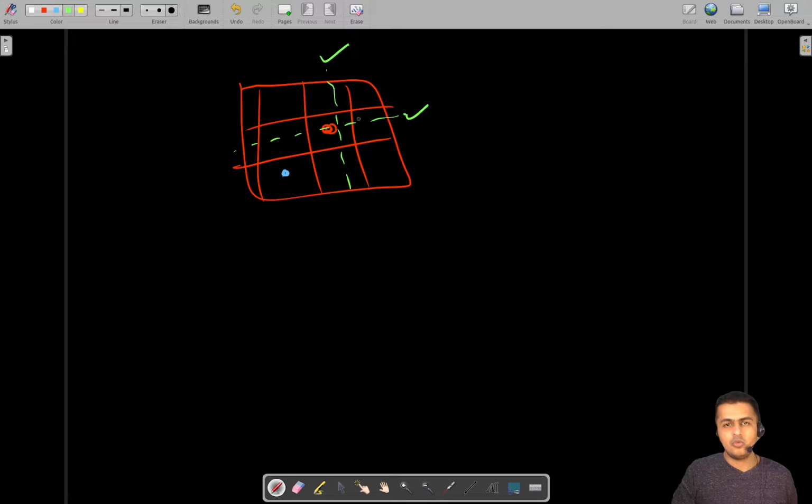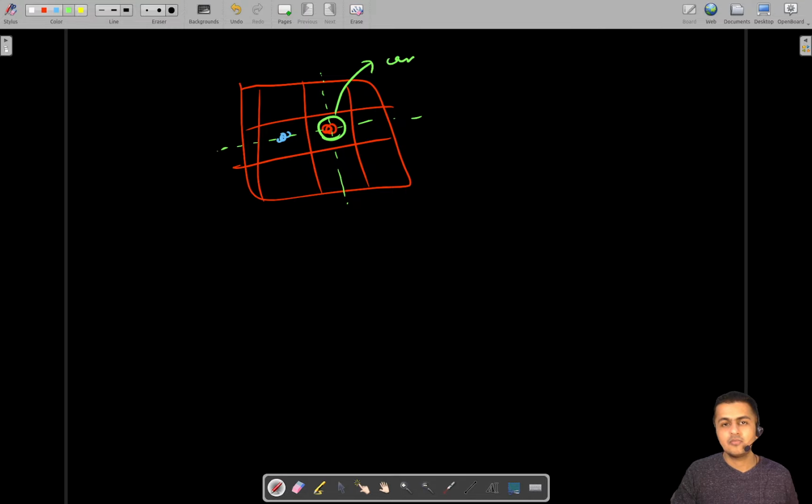So you cannot remove this. Had it been the case that this blue one was present somewhere, let's say here, then you could have removed the red one, because although there are no stones in its column, there is a stone in its row. So that's why you can remove this.